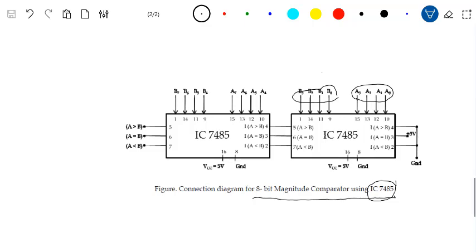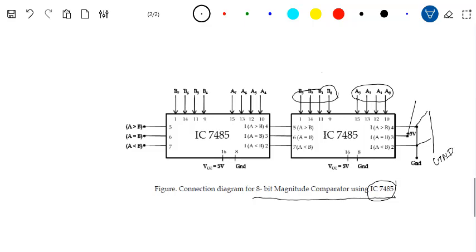So generally the initial LSB cascading circuit. Here we are going to use two ICs of 7485. The lower level, the least significant stage, will be connected so that greater than and less than are connected to ground, right?